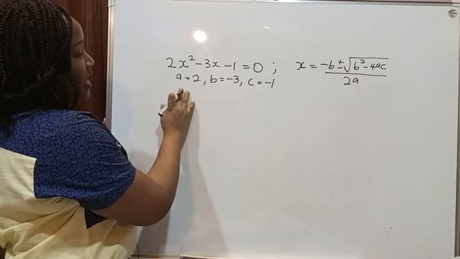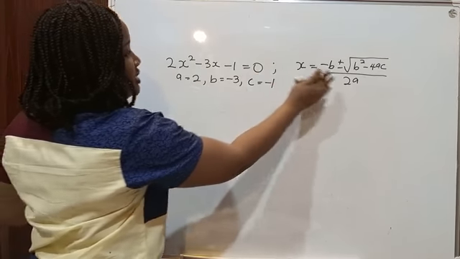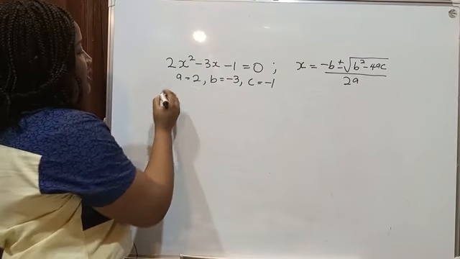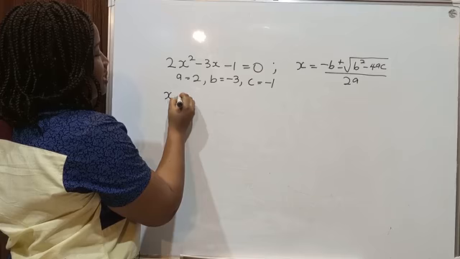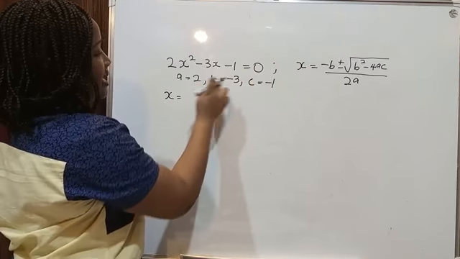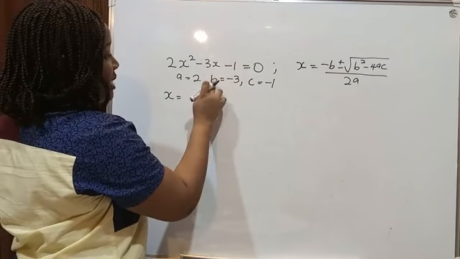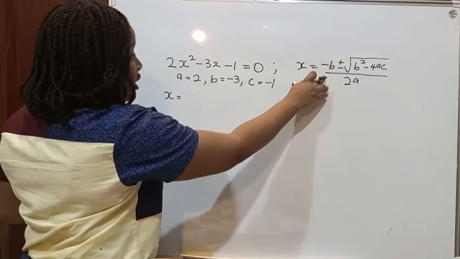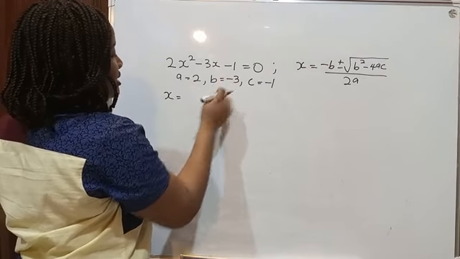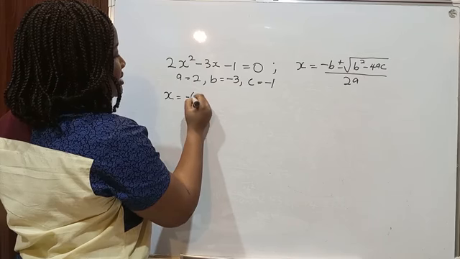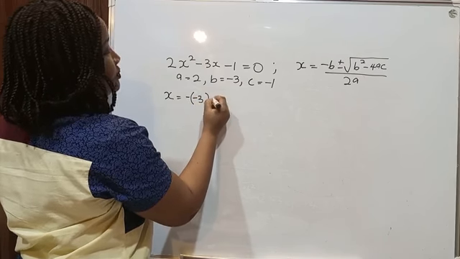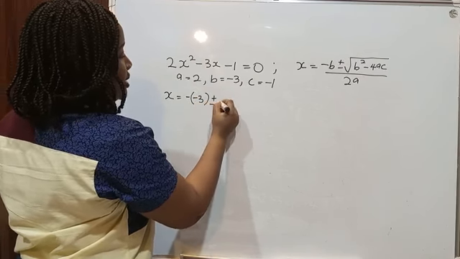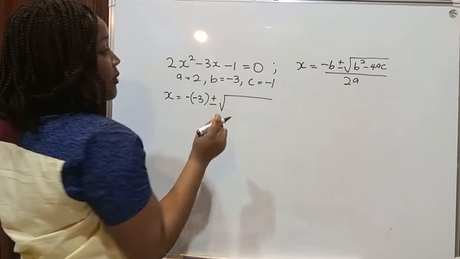Now, we are going to plug these values into the equation. So you now have x equal to what? Our minus b, our b is minus 3. So minus b should be minus minus 3, plus or minus our b squared.